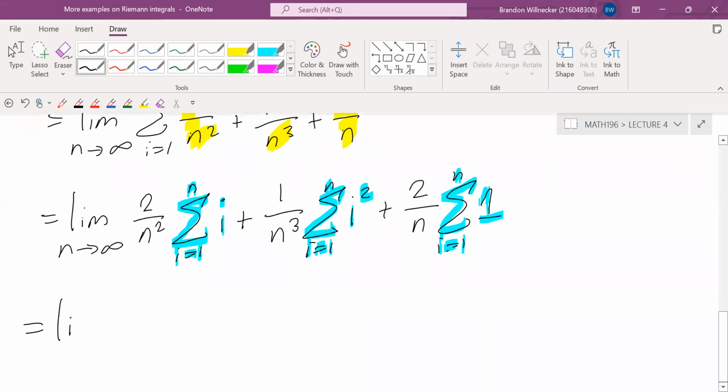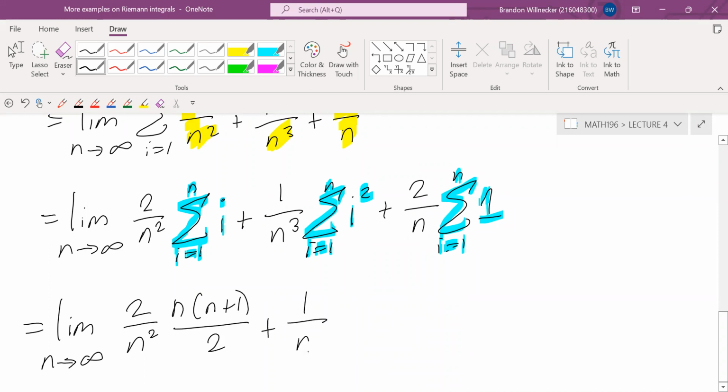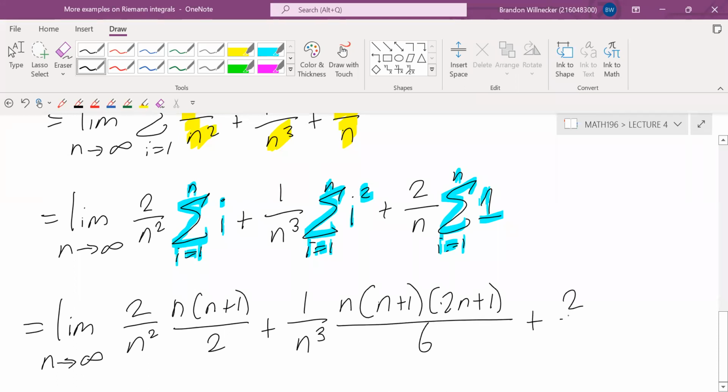So this will be the limit as n goes to infinity, 2 over n squared. And then the sum of i we can replace with n times n plus 1 over 2, plus 1 over n cubed. The sum of i squared we can replace with n times n plus 1 times 2n plus 1 all over 6. And then the sum of 1 we can replace with just n.